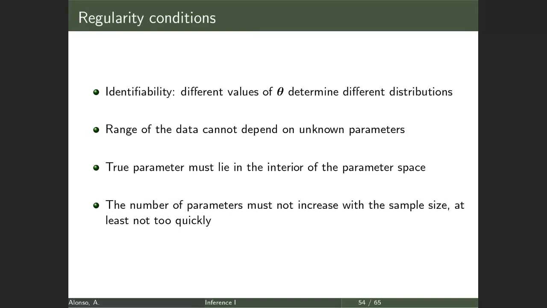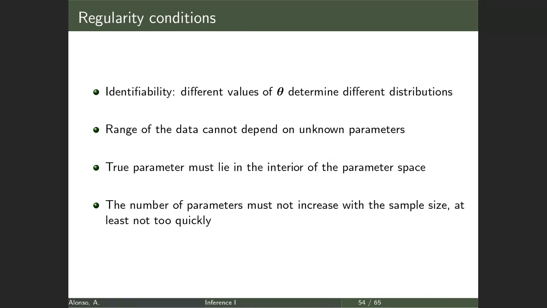The other property you need is that the range of the data cannot depend on unknown parameters. So the range of the data should be independent of the parameters. The true parameter must lie in the interior of the parameter space. So for instance, if you are dealing with a variance and you want to use the maximum likelihood estimator, the true variance should not be 0 because 0 lies at the border of the parameter space. If you are trying to calculate the maximum likelihood estimator of a probability, it should not be 0 or 1.